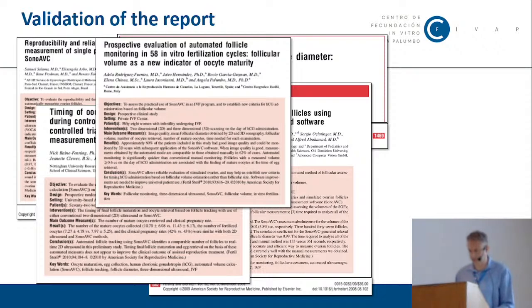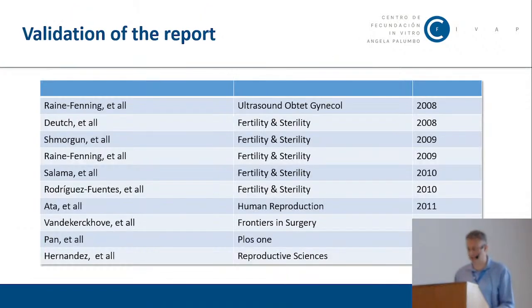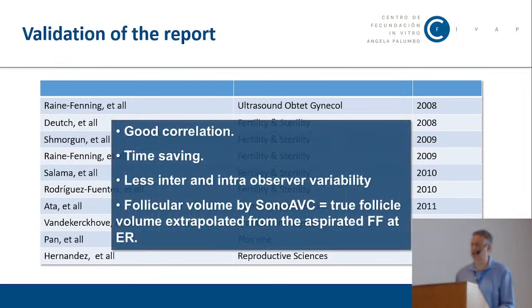In summary, it has been clearly shown that there is a good correlation between manual and automatic measurement. Let me say, with the automatic system, there is less intra- and inter-observer variability, and the volume measured with SonoAVC is similar to the real volume of the follicle extracted at oocyte retrieval.